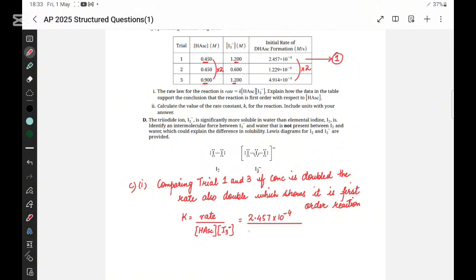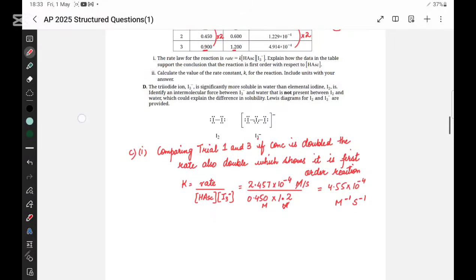HASC is going to be 0.450 times 1.2, and the rate unit is mole per second, and its unit is mole, its unit is also mole, and the answer comes out to be 4.55 times 10 to the power minus 4, and they will cancel, like this will cancel with this, and molar will go at the top and s would come at the bottom. It would become per molar per second.